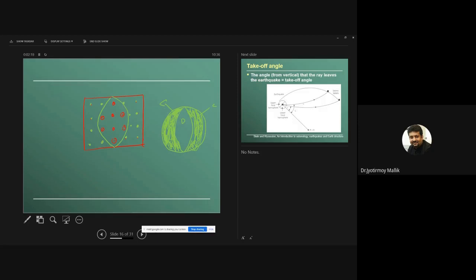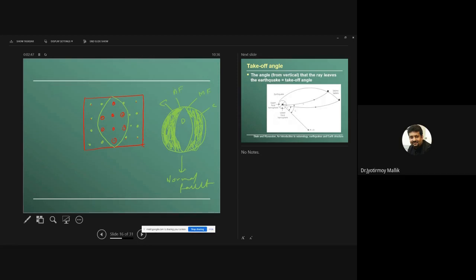So if I observe this pattern, I know this is due to a normal fault. The earthquake is due to a normal fault. And this is one plane, this is another plane. One of them is the main fault plane, the other one is my auxiliary fault plane.